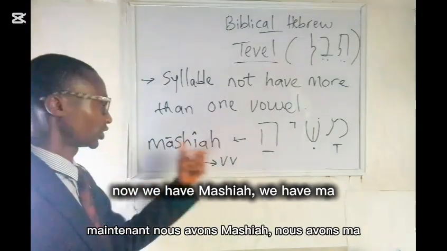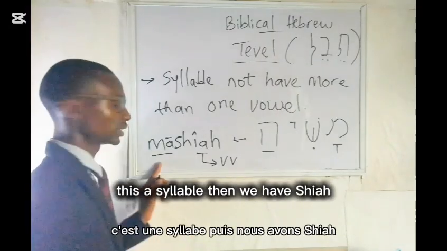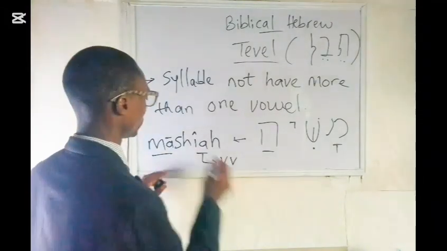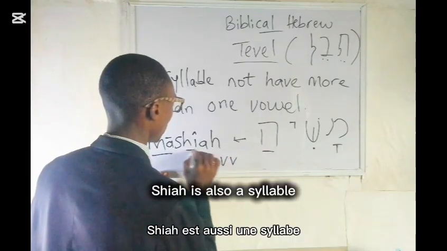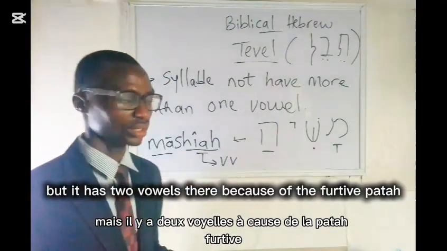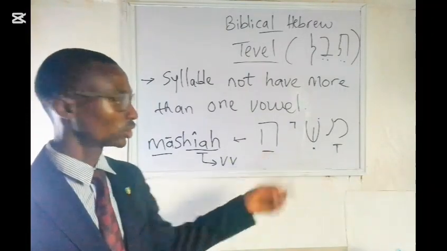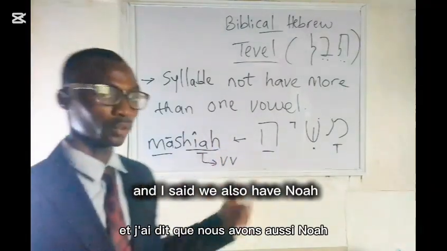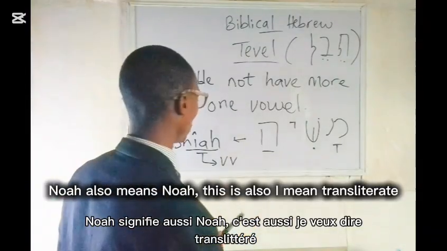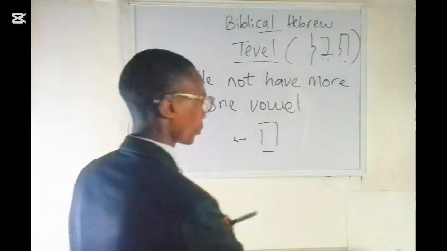Now we have Mashia, we have ma, this is a syllable, then we have shia. Shia is also a syllable, but it has two vowels there because of the 40th pattern. And as I said, we also have Noah.